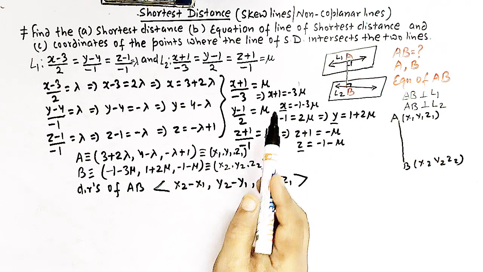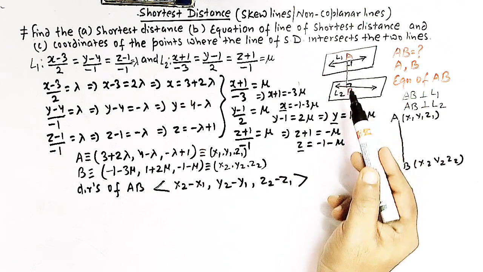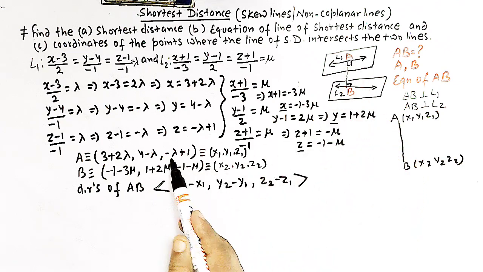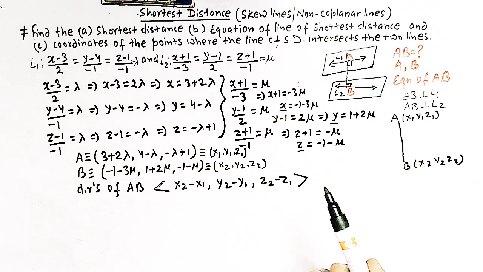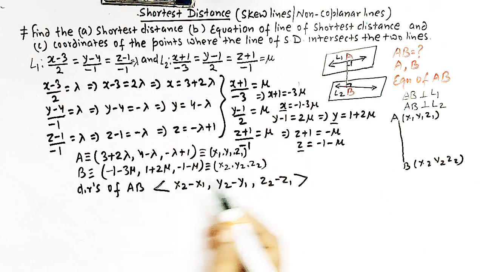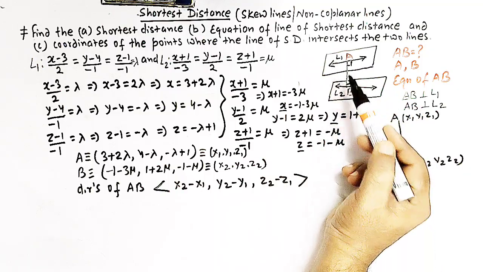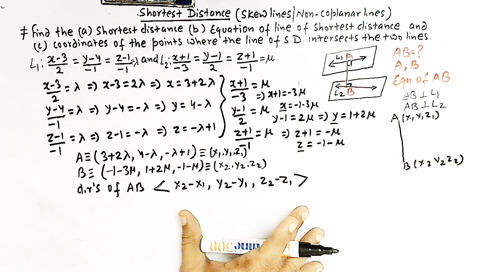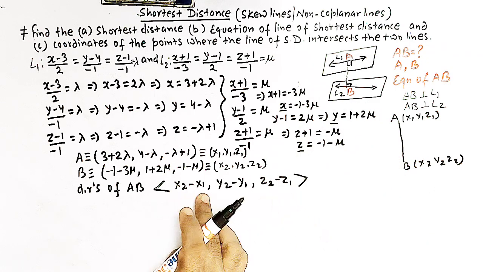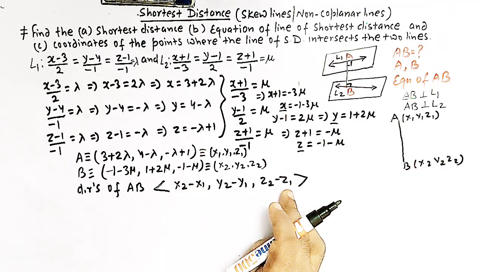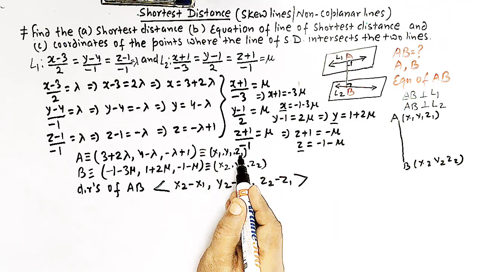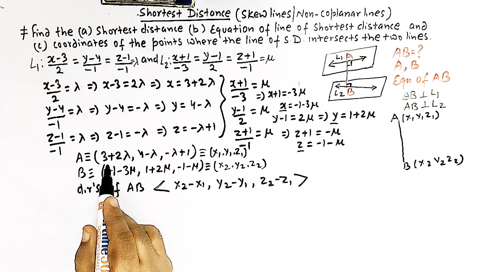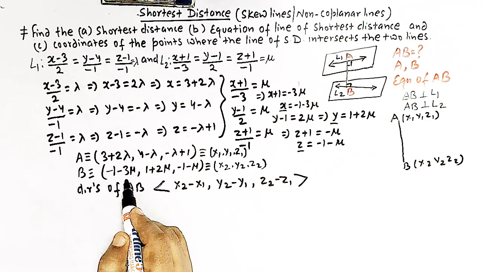So the first step is to get the coordinates of A and B in terms of lambda and mu, and then the second step is to get the direction ratios of this line of shortest distance AB, which is perpendicular to both the lines L1 and L2, by using this formula: x2 minus x1, y2 minus y1, z2 minus z1, where x1, y1, z1 and x2, y2, z2 are given by these numbers, right?